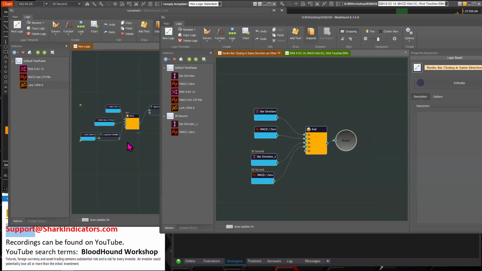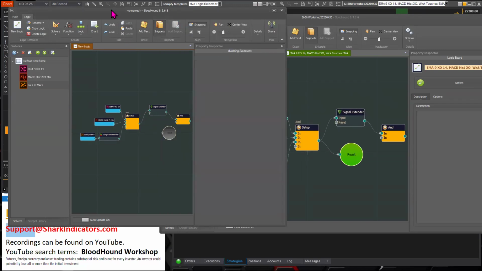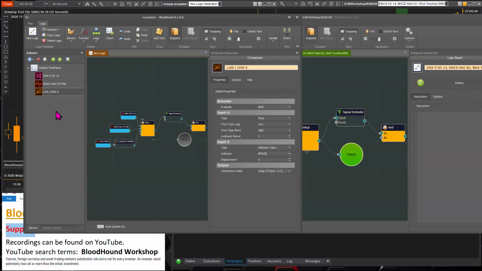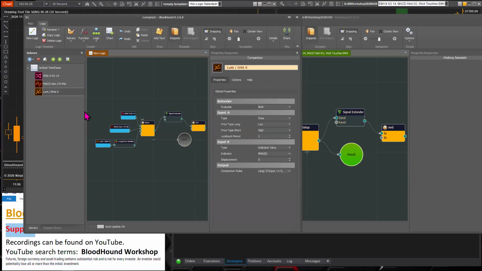The result will be the same, but just copying your system out and dropping it into a brand new blank Bloodhound is just a little quicker, a little easier, right? And you're guaranteed to just be left with the solvers that matter to your system, and you won't have any extra solvers lying around there. So just a little extra tip there.